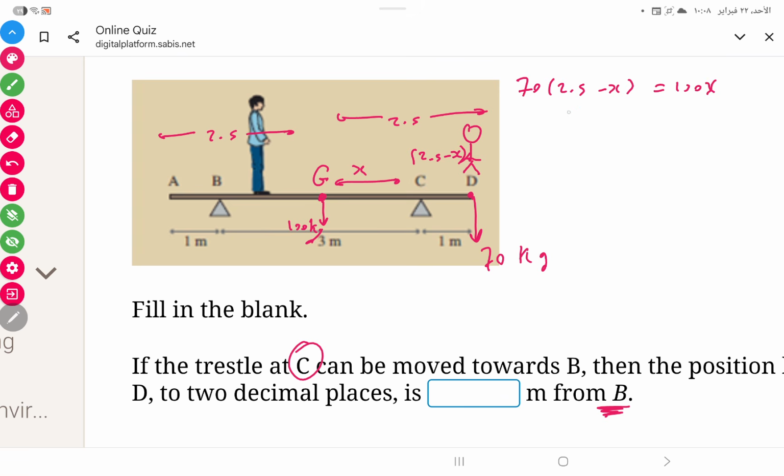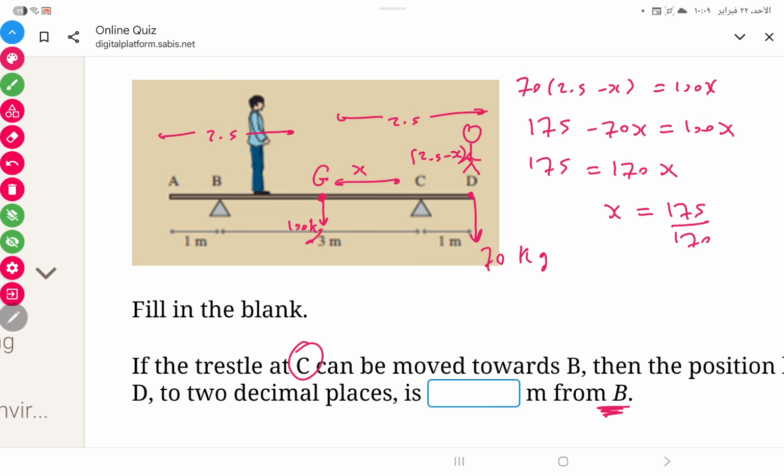70 times 2.5, we get 175 minus 70x equal 100x. So 175 is equal to 170x. This means x will be 175 divided by 170.